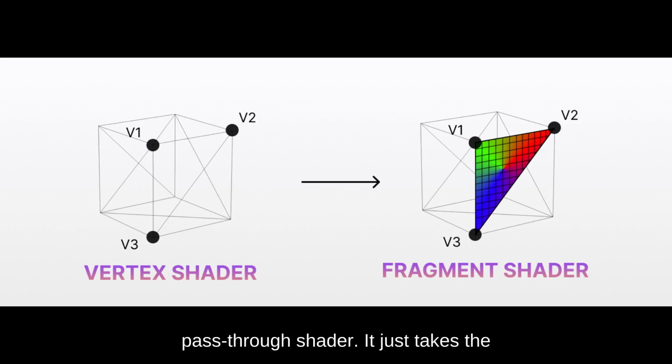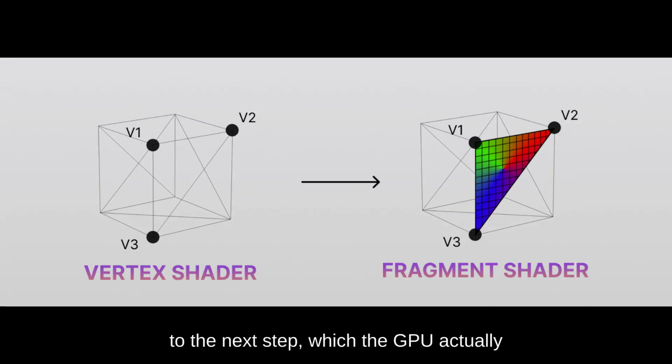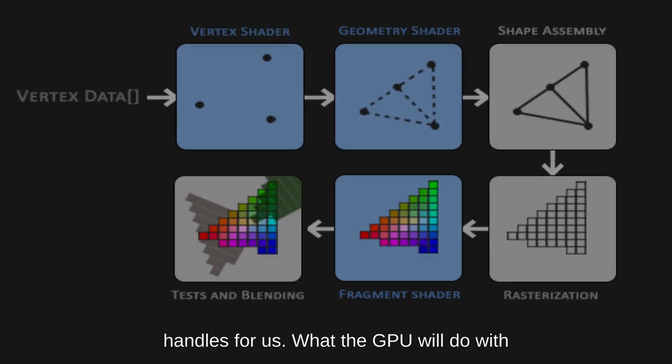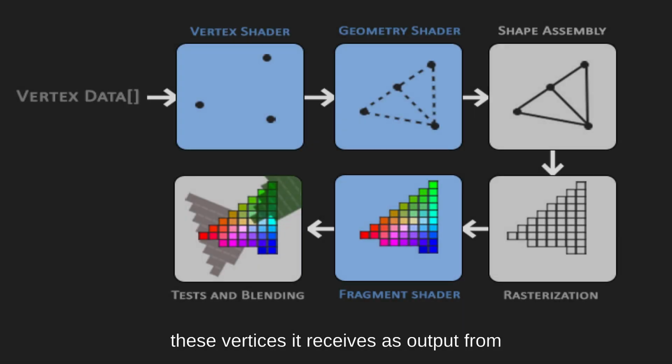It just takes the vertices and passes them straight through to the next step, which the GPU actually handles for us. What the GPU will do with these vertices it receives as output from the vertex shader, which is typically transformed, is perform rasterization.